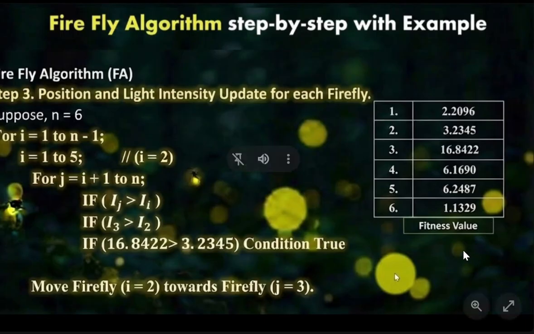Applying that, we can see that 16.8429 is greater than 3.24, so the condition is true. Therefore, we move firefly i equal to 2 towards firefly j equal to 3. We do this to find a better solution, which is pushing the firefly towards the brightest one. And finally, we can observe the case of random movement in the next slide.